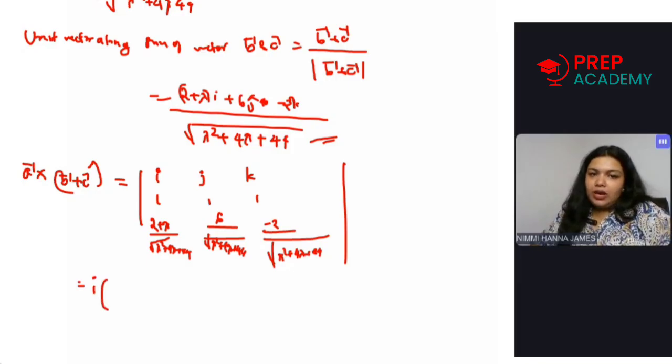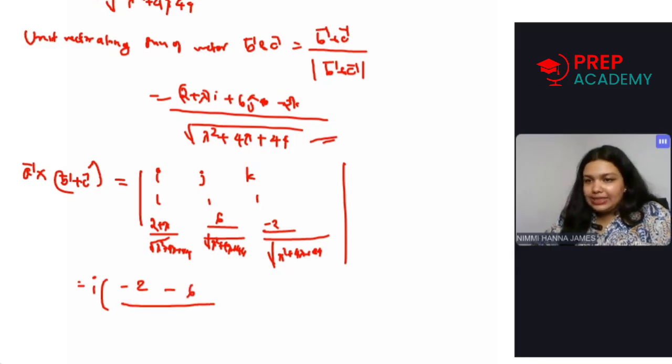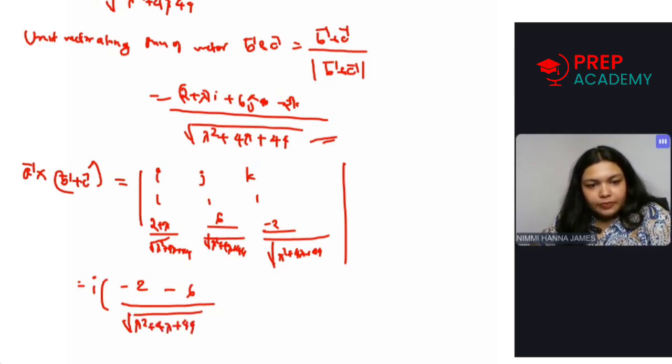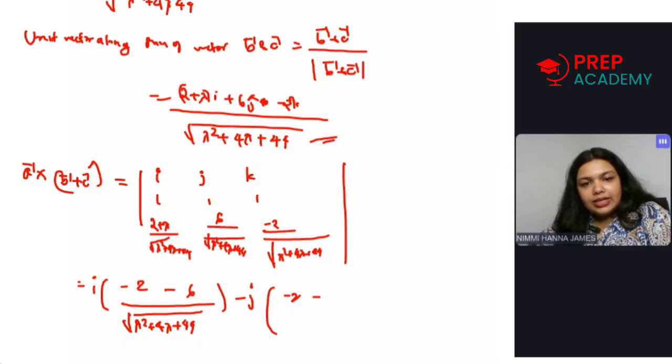So this is what we want to find. Just by opening, i into 1 into minus 2, so minus 2, minus this cross multiplying, 6 by root of lambda squared plus 4 lambda plus 44, since the denominators for both of them are the same. Then minus j into minus 2 minus (2 plus lambda), correct?